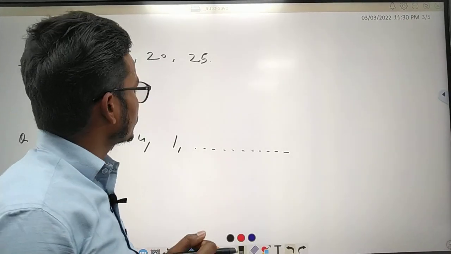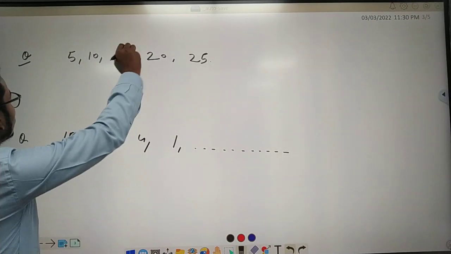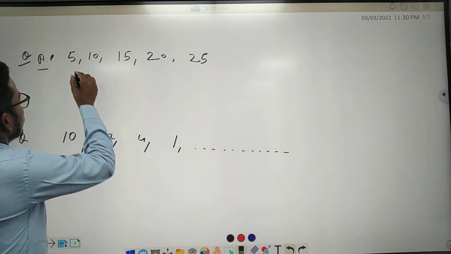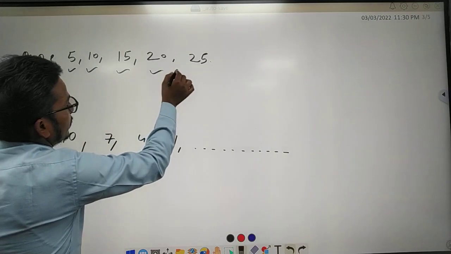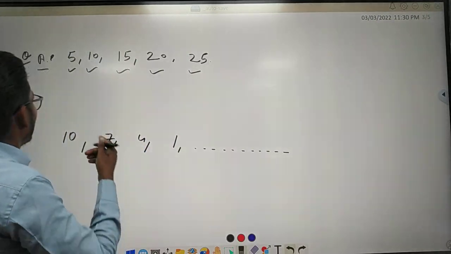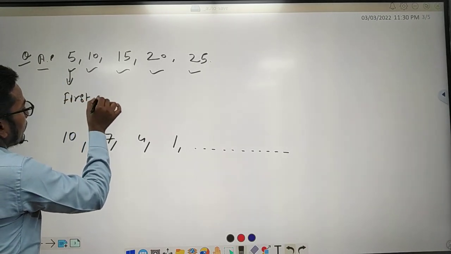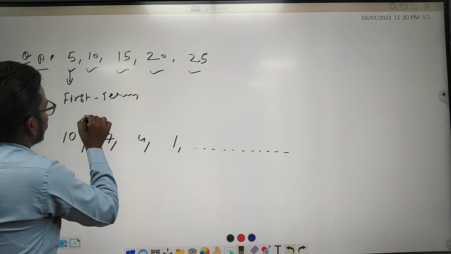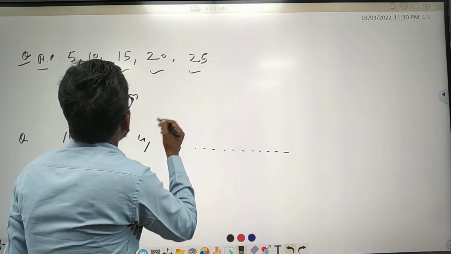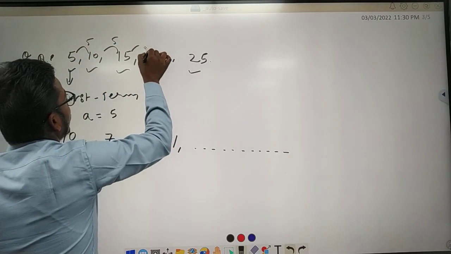Let's understand the topic through an example. The question is: this is an AP with terms 5, 10, 15, 20 and 25. The first term is denoted by A and A is equal to 5, and the common difference between these terms is 5, 5, 5.